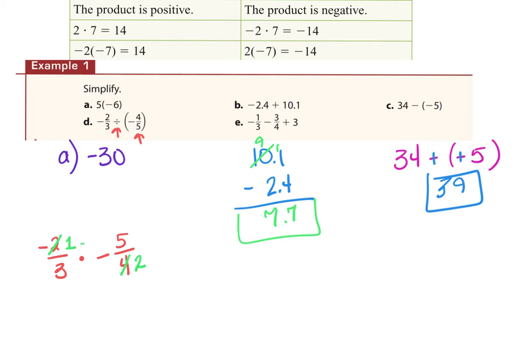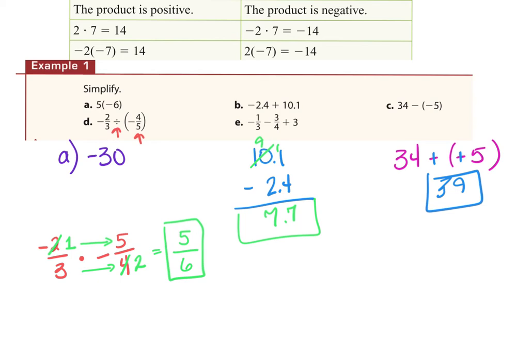Multiplication is straight across. 1 times 5 gives me a 5. 3 times 2 gives me a 6. I already decided at the beginning that this was going to be positive, so I am done. 5 over 6. Keep, change, flip for multiplication, division of fractions. Change it to multiplication.